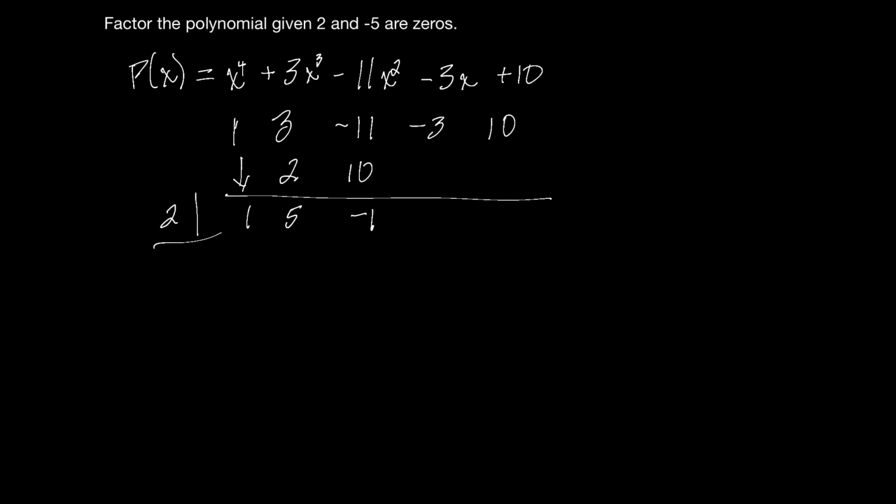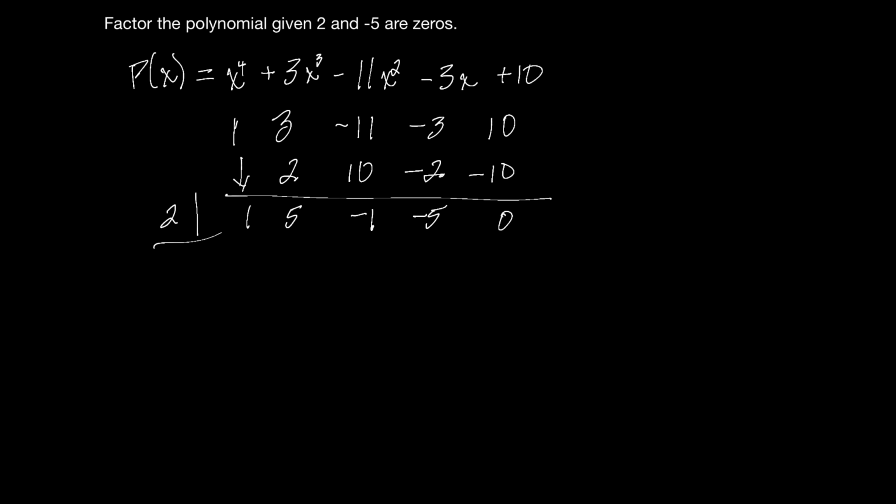Then multiply 2 times negative 1, that goes here, so that's a negative 2. And then when I add negative 3 and negative 2, get negative 5. And last but not least, 2 times negative 5 is negative 10. So when I put that up here, I have a negative 10, and that adds up to 0.